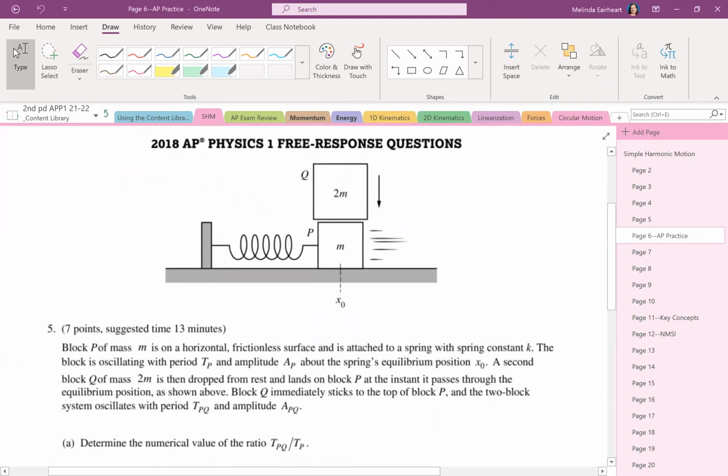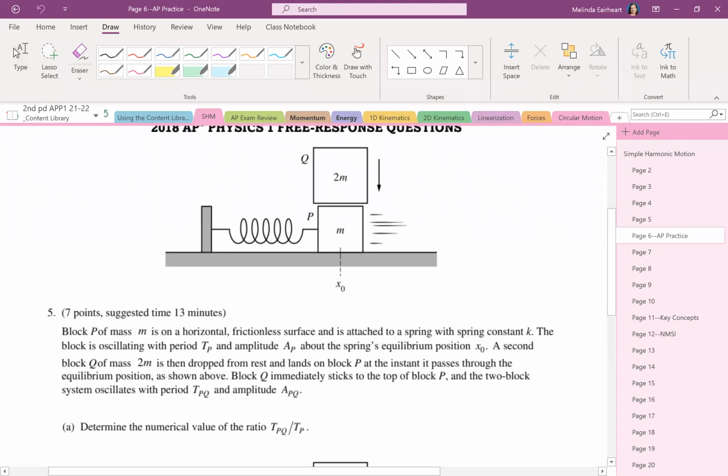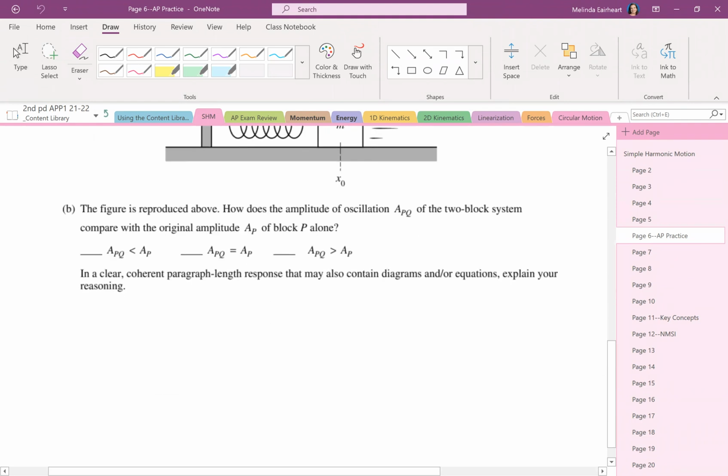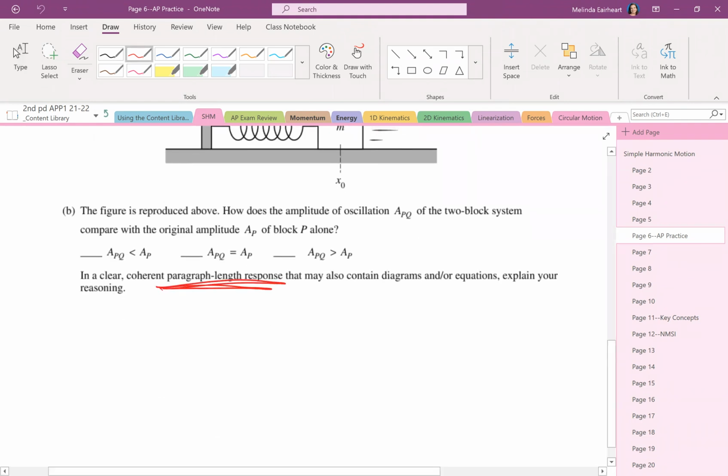Okay, so this one, there's 7 points available. By the way, this is considered a short question. 3 short questions, 3 7-pointers on the AP free response. And then the other 2 are going to be your long ones, 12 pointers. Those are your lab-based and that thing called QQT. We'll see both of those in NMSI today. And so this one, about 13 minutes. I'm not going to set a timer, but by May, we got to be ready for it. And later on, this is going to be the paragraph length response.